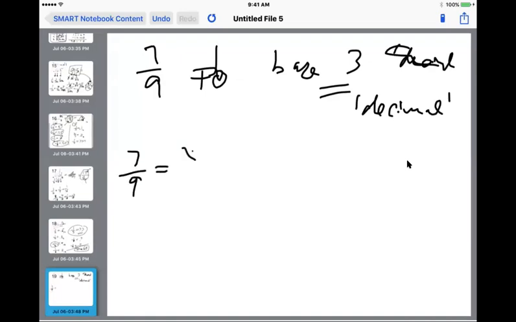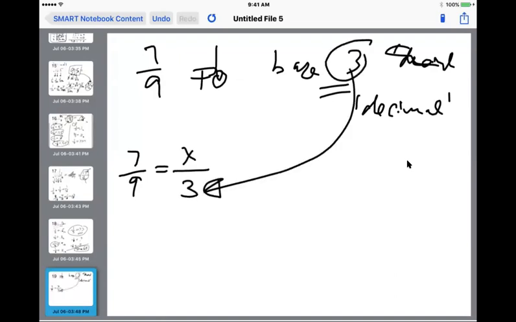You set up a proportion where you put the base down here. And you cross multiply. And you solve. And you turn it to a mixed number.